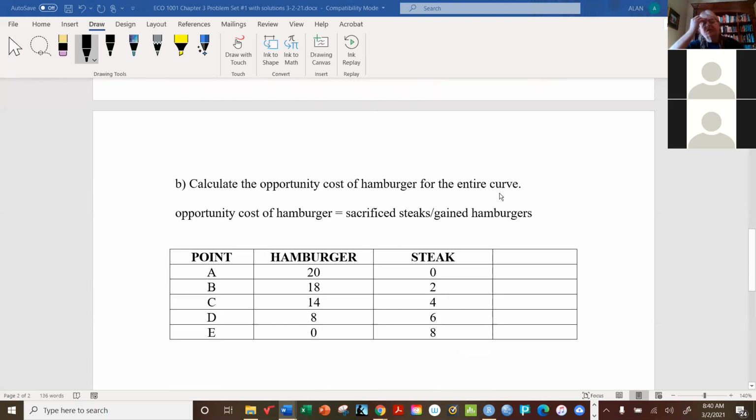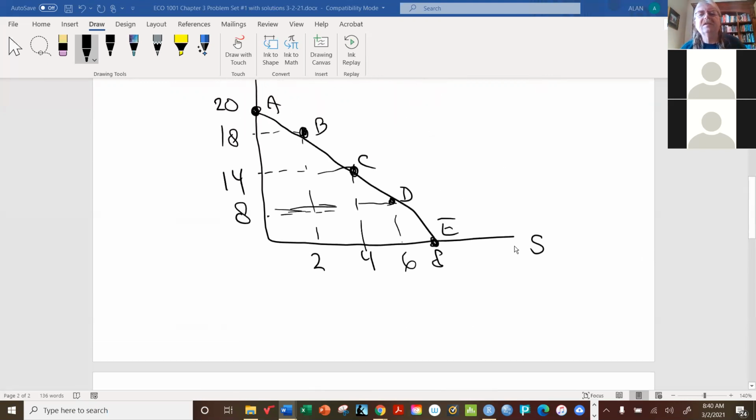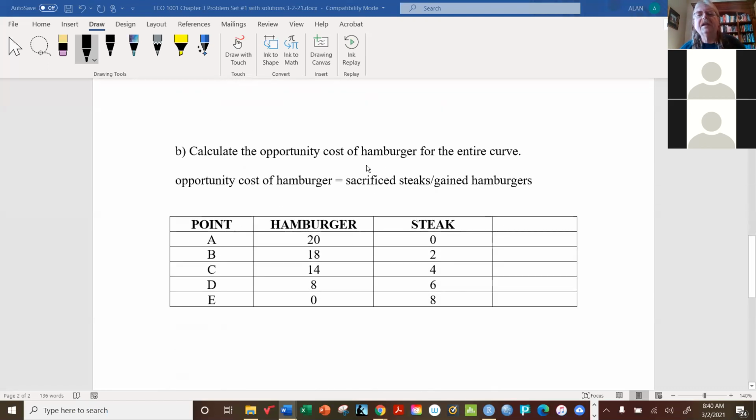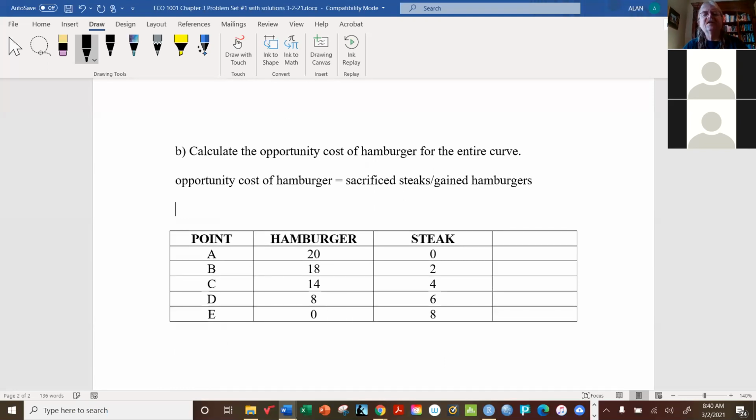Okay, so as soon as you see the words opportunity cost of hamburger, you know that you're going to calculate this ratio of sacrificed steaks divided by gained hamburgers. But you also recognize that this means that we're going from E to A. Okay, because if we start at E, we only have steaks.